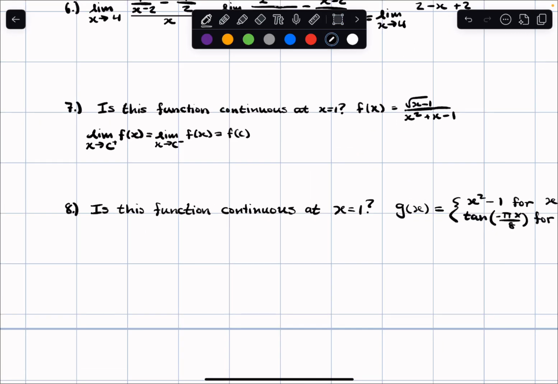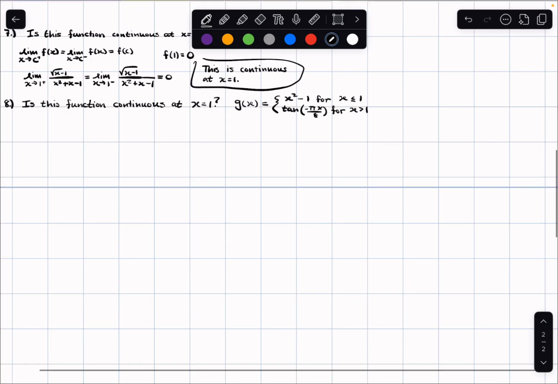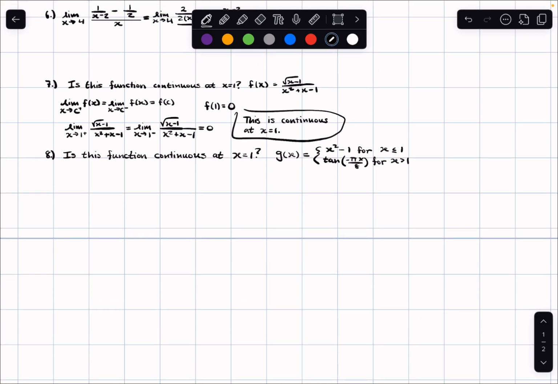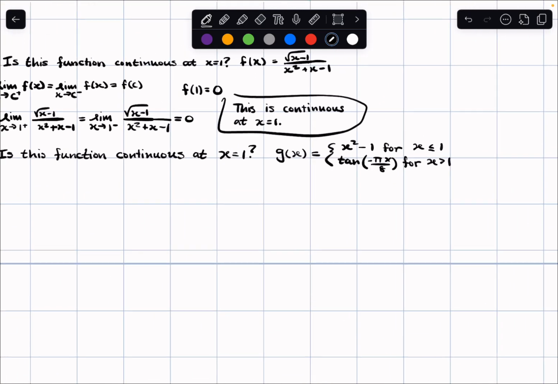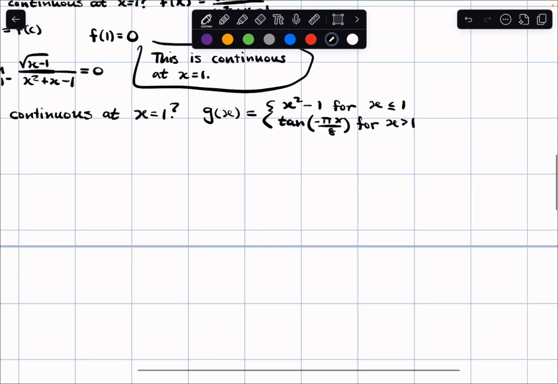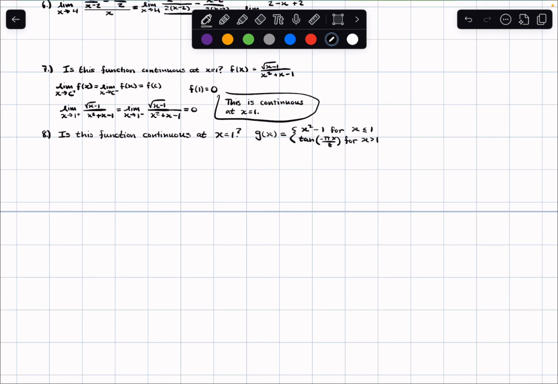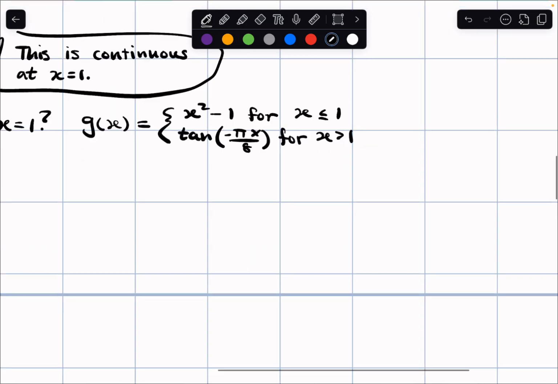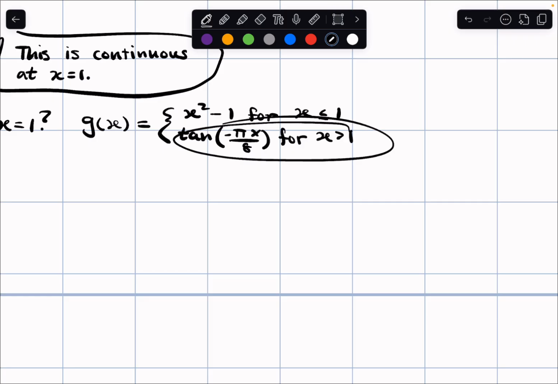Okay, so let's try to test this example. What about 8? Is this function continuous at x equal to 1? Well, here we're given a piecewise function. So let's try, and I'll leave the graph of it on the right as well. When we approach it from the left and we approach it from the right, we know that this is going to be approaching from the left, and this is going to be approaching from the right.